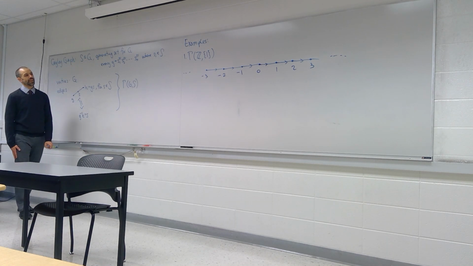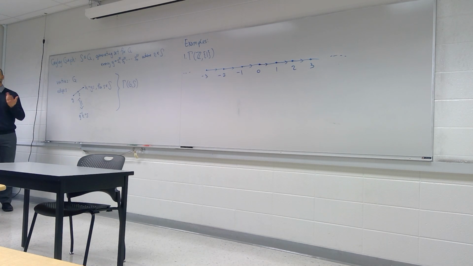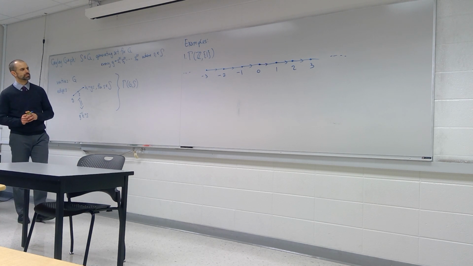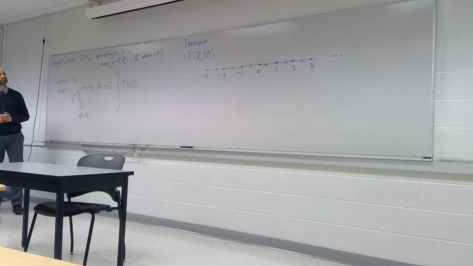And that's a picture of a Cayley graph for the integers using the generating set 1. Really, it's sort of a combinatorial model of the real line. Okay, is that good?